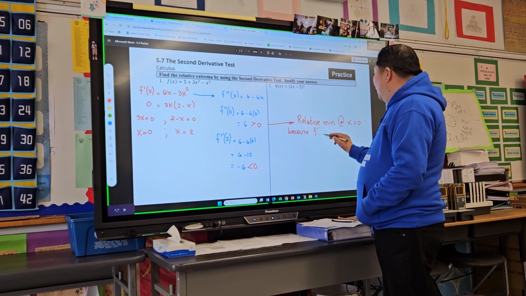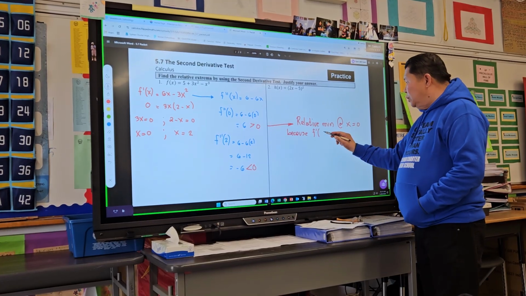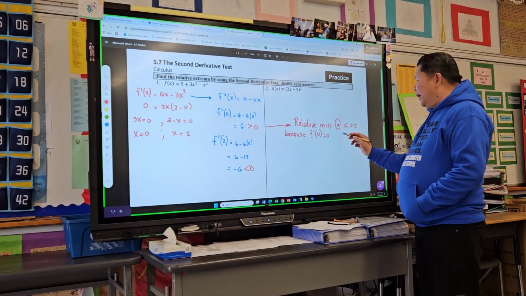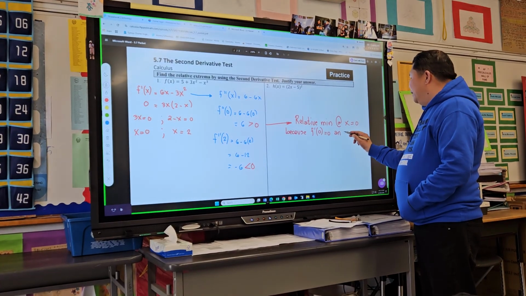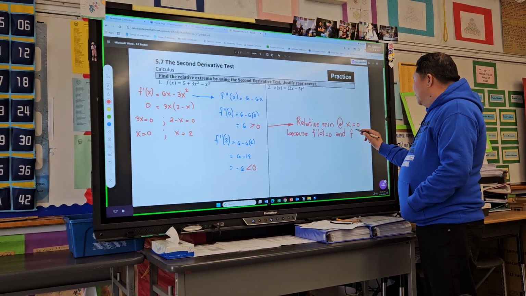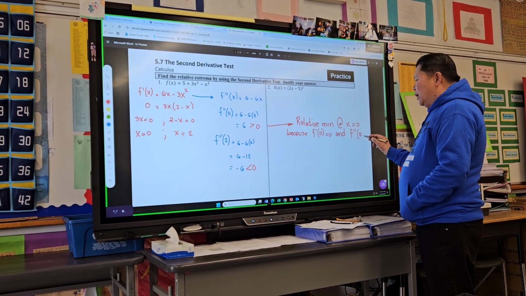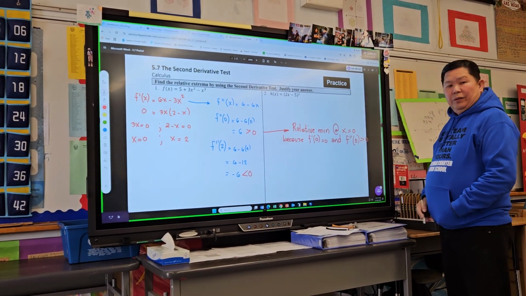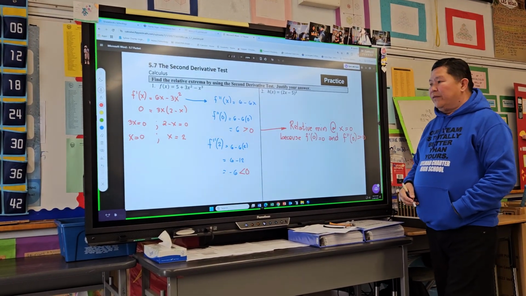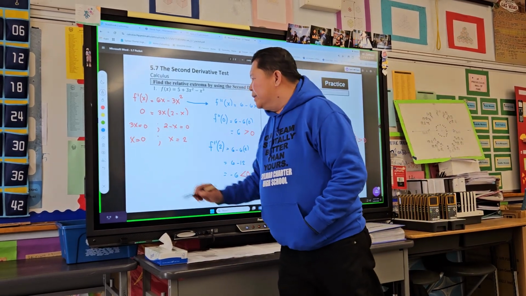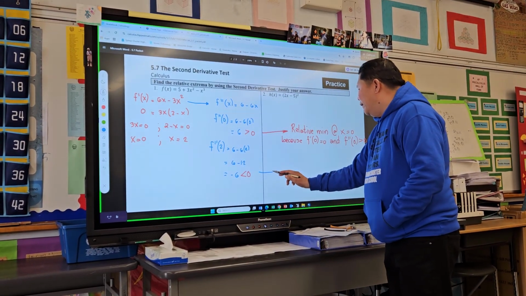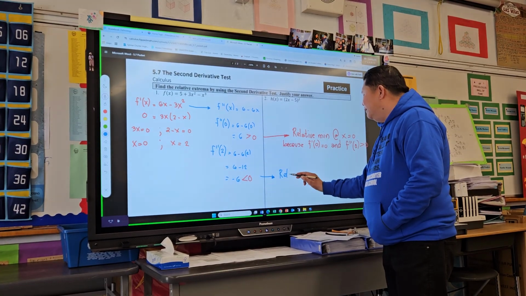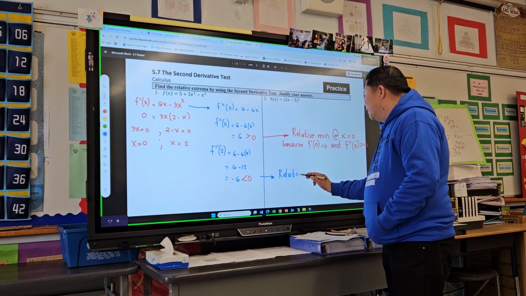Because f prime of 0 is equal to 0, and f double prime of 0 is greater than 0. That's the first justification. And the second justification would be this one. What is this now? Relative what? Max.